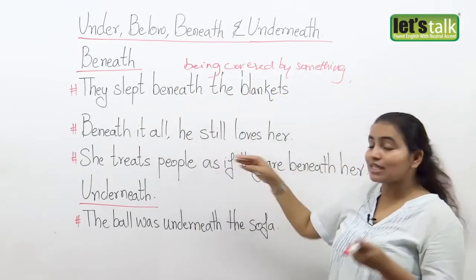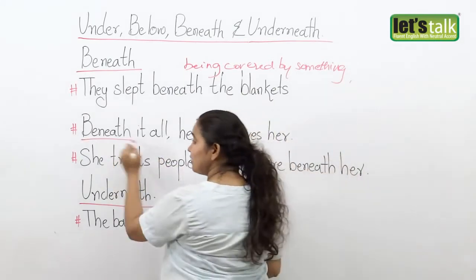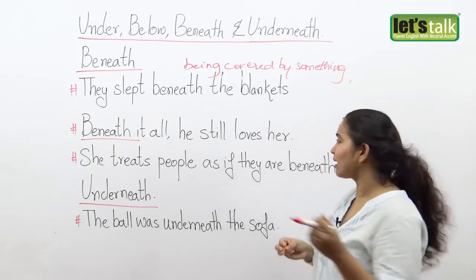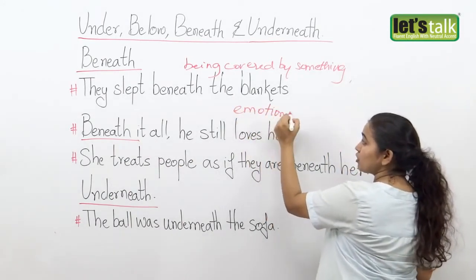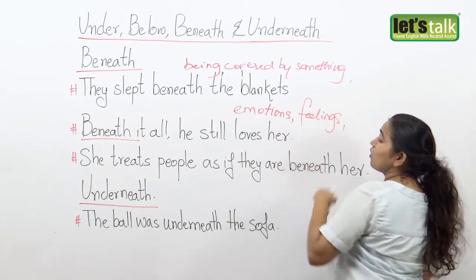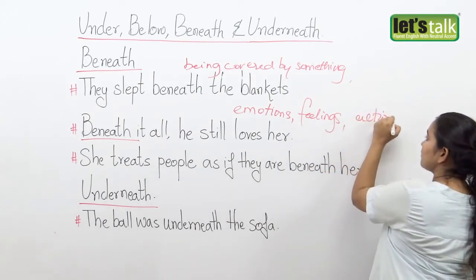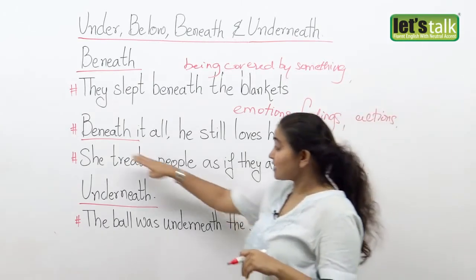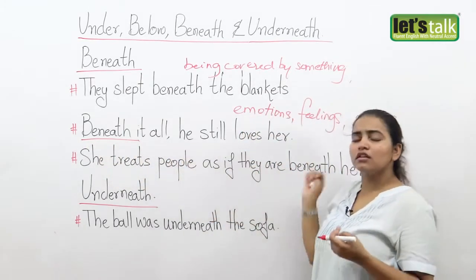Moving on to the next context, we talk about using the word beneath when we are talking about a person's emotions, a person's feelings, or maybe their actions. So a sentence like this, which goes, beneath it all, he still loves her.